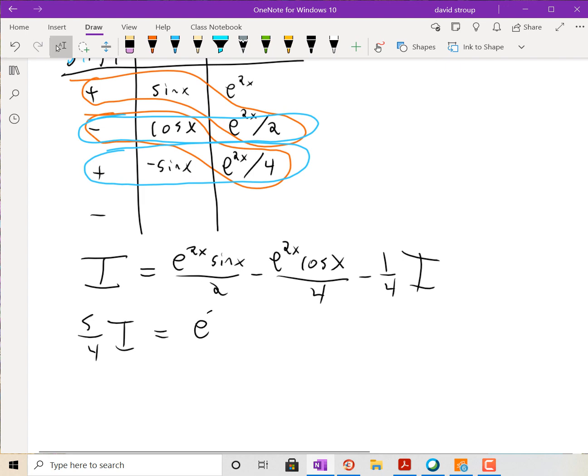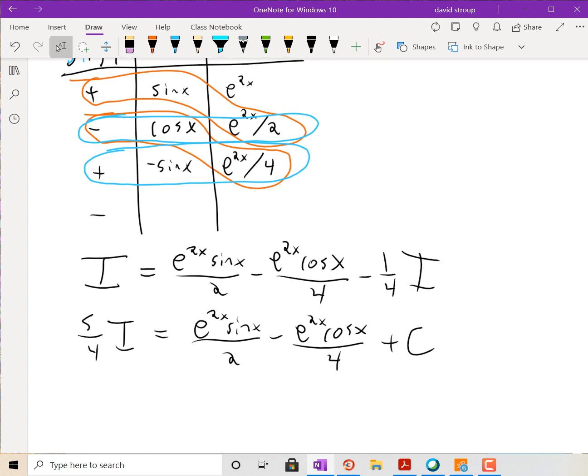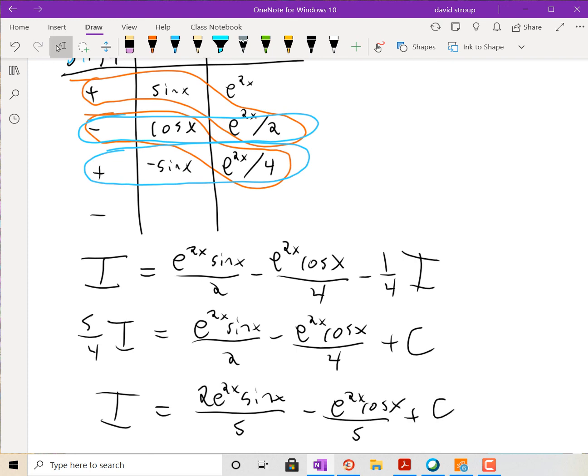On the other side, e to the 2x sine x over 2 minus e to the 2x cosine x over 4, and then plus your constant of integration. Multiply by 4/5, and you get I is 2e to the 2x sine x all over 5 minus e to the 2x cosine x all over 5 plus C.